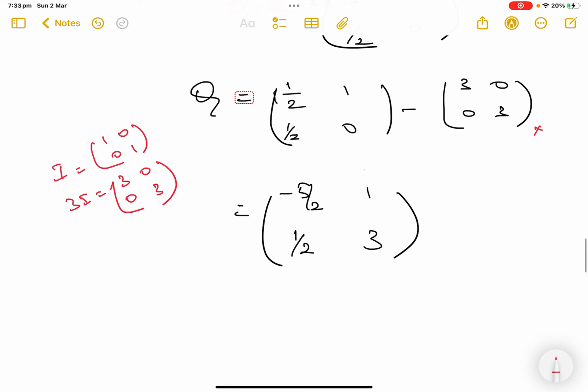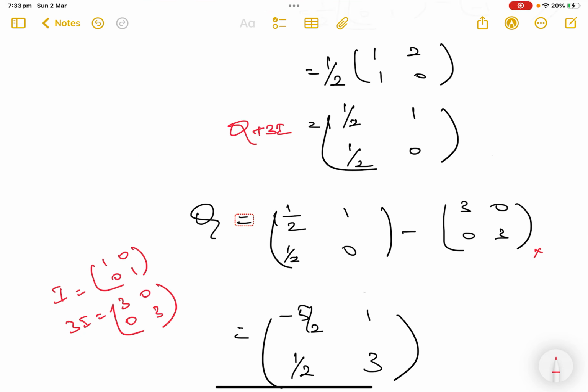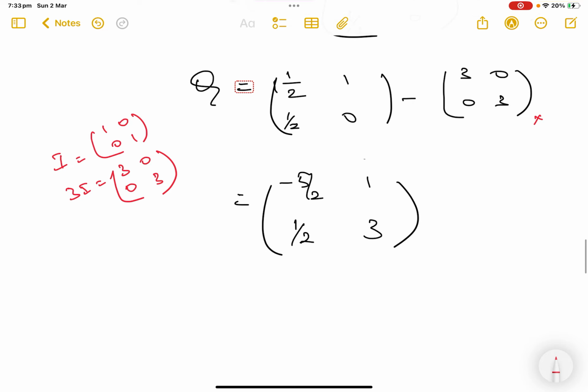Half minus 3 is minus 5 over 2. 1 minus 0 is 1. Half minus 0 is half. 0 minus 3 is minus 3, isn't it? Yes, minus 3. So Q is minus 5 over 2, 1, half, minus 3. That's the answer.